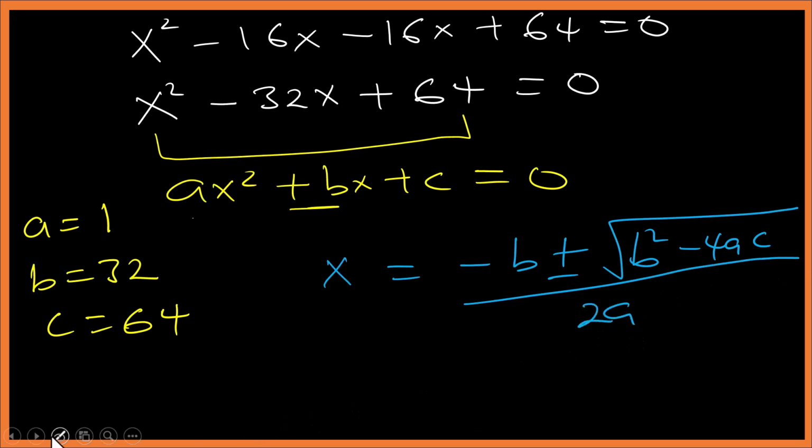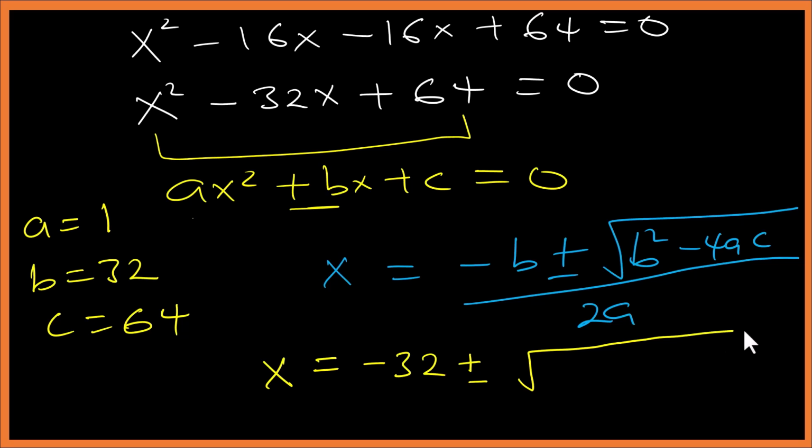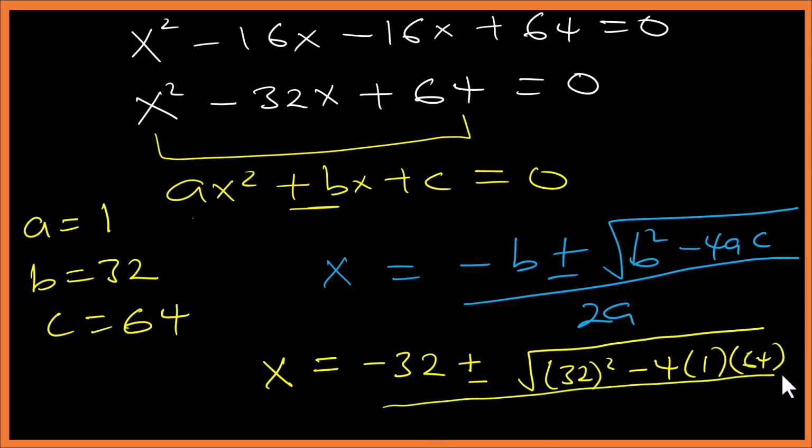All right, let's start the substitution. Minus b, so b is minus 32, so minus 32 plus or minus the square root of b squared, so 32 squared, minus 4 times a which is 1 times c which is 64, on 2 times a, that is 1.